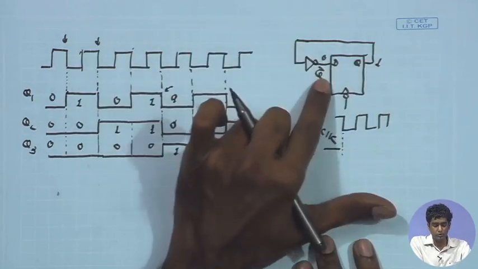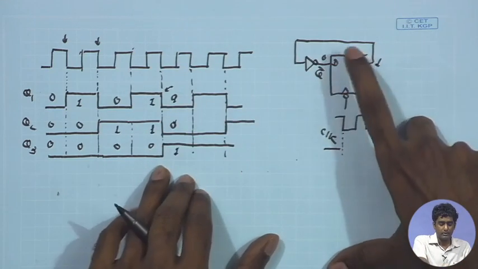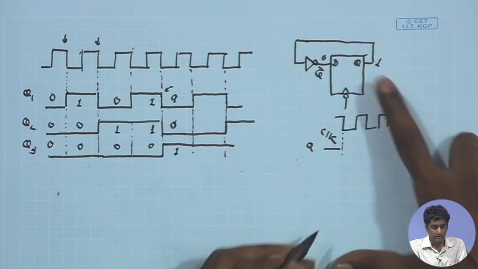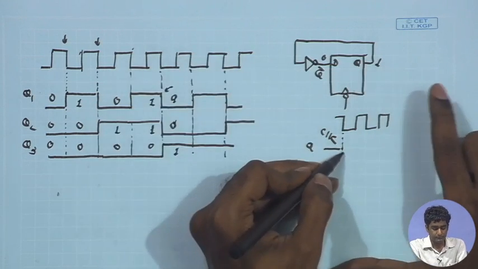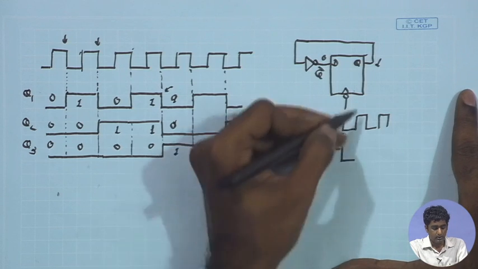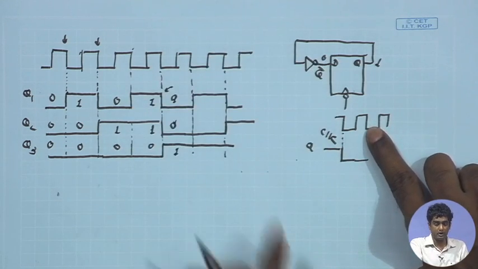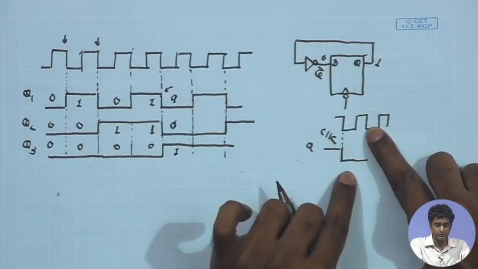So, if this was 1, Q bar was low. As a result, at the next positive edge of the clock, if the Q was high, the Q will be making a transition from high to low. Likewise, at the next negative edge of the clock, the Q1 or the Q bar will be high because Q is low.